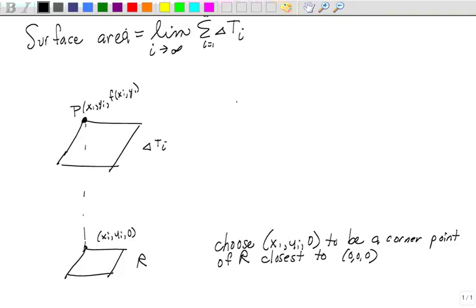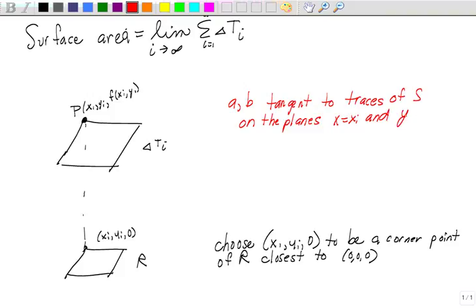And we're going to pick A and B tangent to the traces of S on the planes x equals xi and y equals yi respectively.